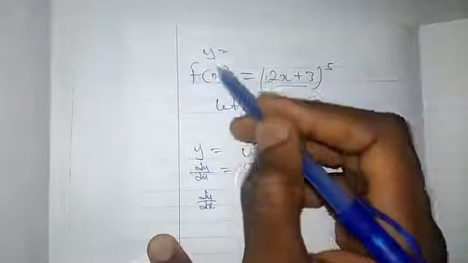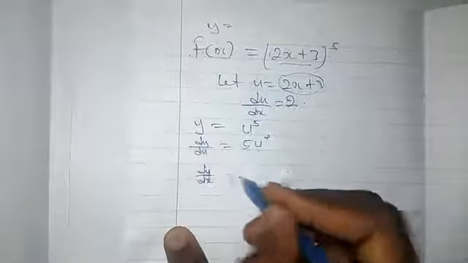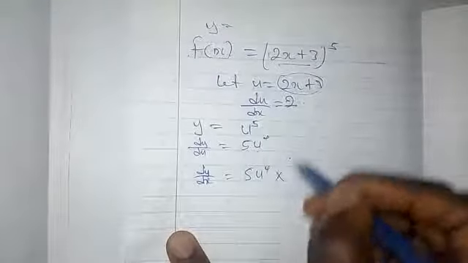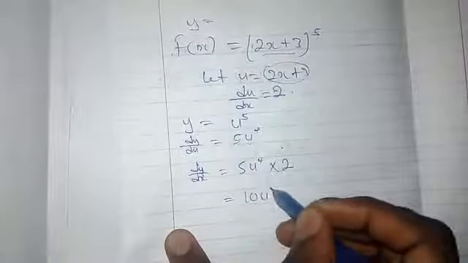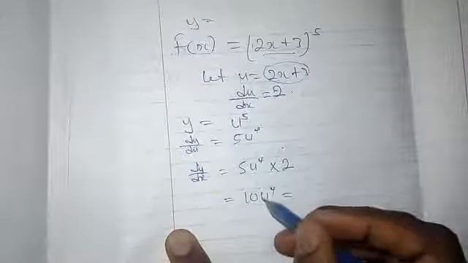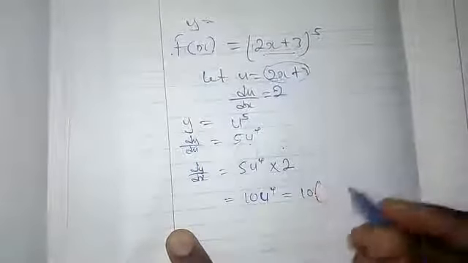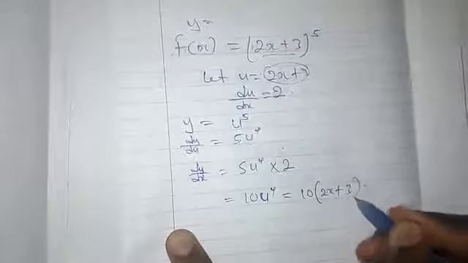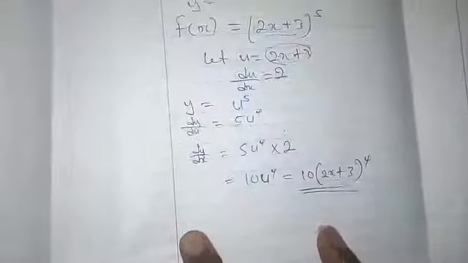So dy/dx is equal to 5u raised to the power of 4 multiplied by 2, which implies 10u raised to the power of 4. Now you substitute for u, that is 10 times (2x plus 3) raised to the power of 4, and that is the derivative.